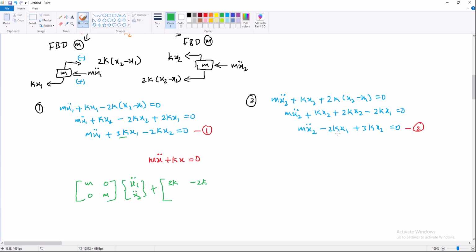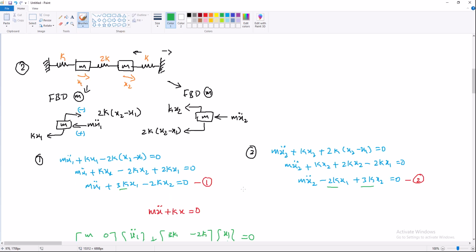Now in the second equation, x1 is minus 2k, and for x2 it is plus 3k, and the displacement matrix is x1 and x2, which is equal to 0. So this is the equation of motion written in the matrix form for the given system.